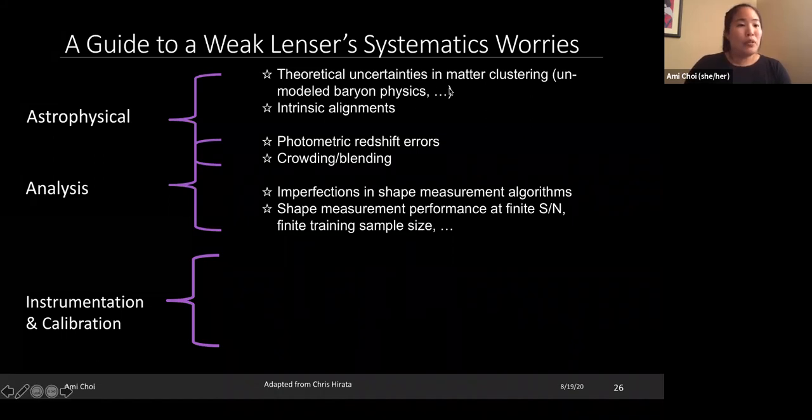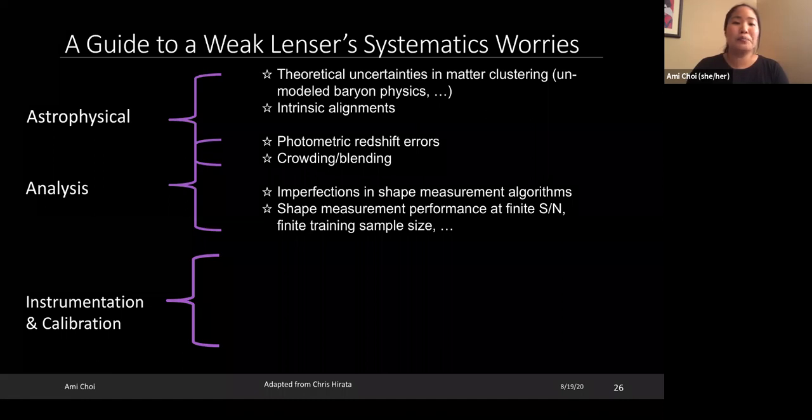For example, astrophysical uncertainties could involve not modeling the nonlinear matter power spectrum well, so not taking into account how baryons affect the matter power spectrum. There could be intrinsic alignments, also photo-z errors and blending, and then some more analysis types of systematics in terms of the shape measurement algorithms.